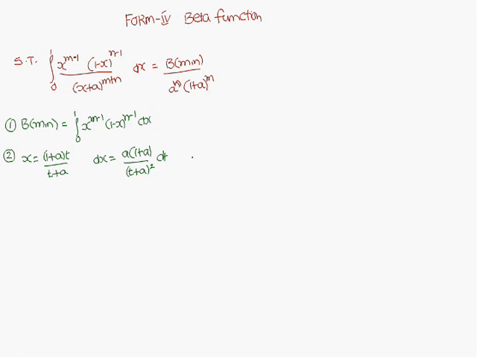Now we substitute these values. So beta(m, n) is equal to, limits are the same, therefore integral 0 to 1.